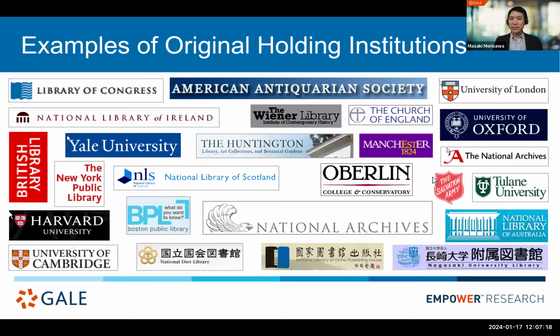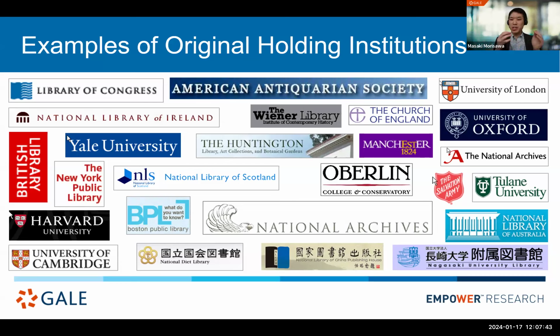So what we do when we create Gale Primary Sources is we visit various institutions in the world that hold this kind of material, historical material. They might be places like the British Library, they might be places like the National Archives of the UK or the US. They might be university libraries or other private libraries that hold rare material.